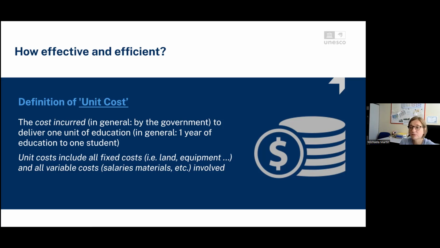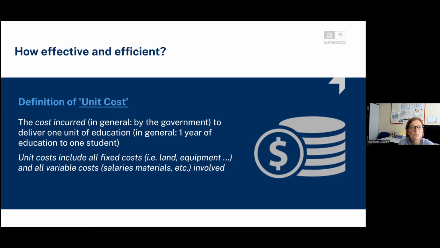But we could also include all fixed costs, the land, equipment, and all variable costs that are involved, and that would make it much more complicated. For instance, just to give you an idea, in higher education it's even more complicated to calculate unit costs in a detailed manner, because higher education teachers are supposed to do teaching and research.